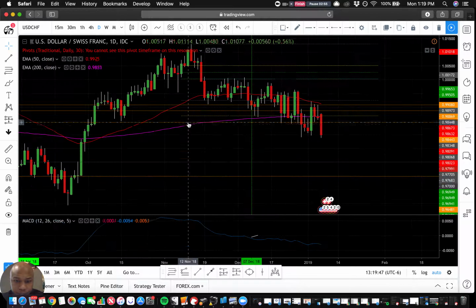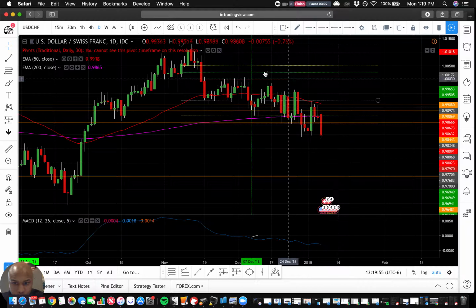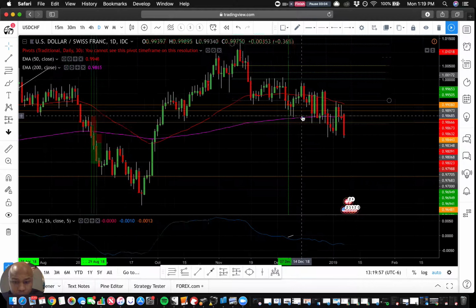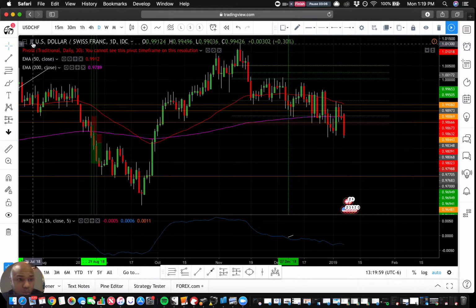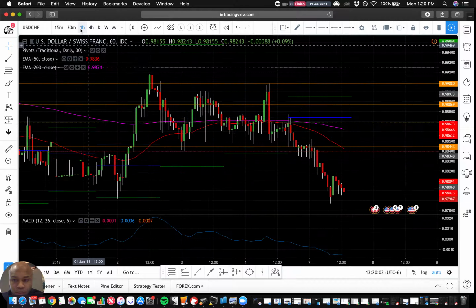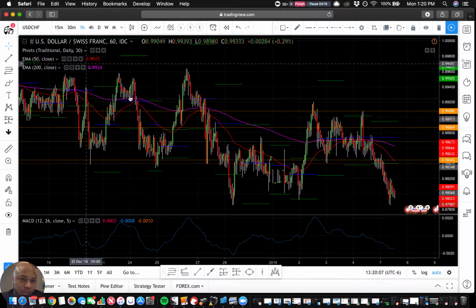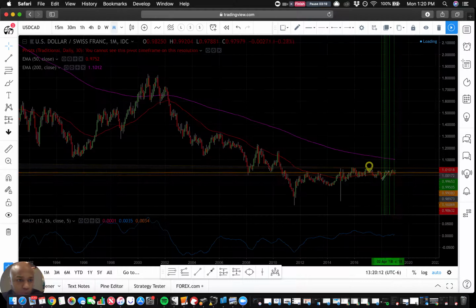And then on the daily, we're kind of in limbo, so we're kind of sideways here. I don't really see what direction we're going to go, so I'm not going to pick this one this week either, just because it's not as clean of a setup already. If we're looking at playing this, USD JPY looks like the best of the pairs so far.